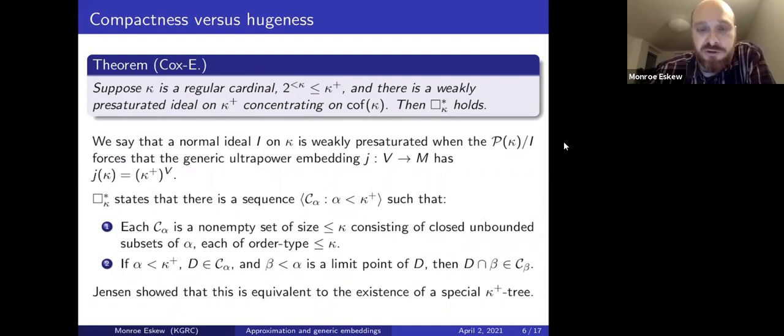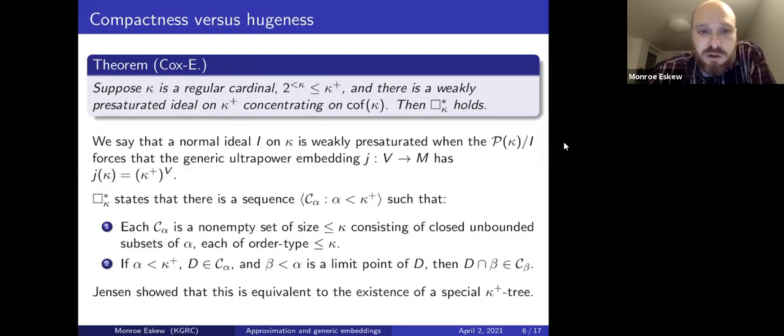So this is not the GCH, this is one cardinal away from the GCH. Suppose there's a weakly presaturated ideal on Kappa plus concentrated on cofinality Kappa. I'll tell you enough information about that to give an outline of what's going on, what weakly presaturated means. Then the conclusion is that weak square Kappa holds.